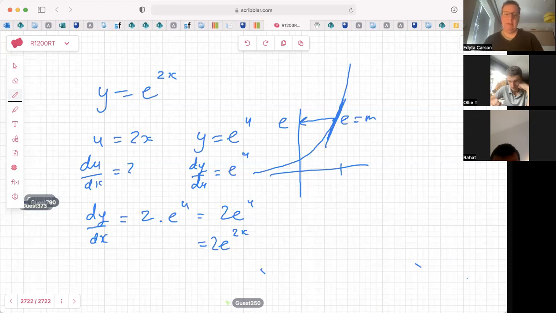So essentially, we just times the derivative of one by the derivative of the other.